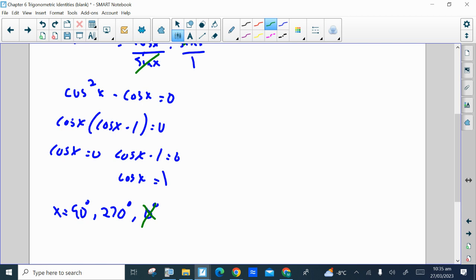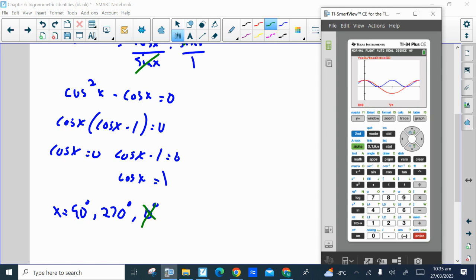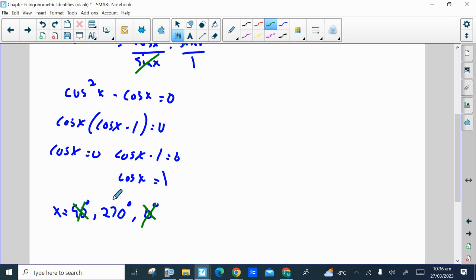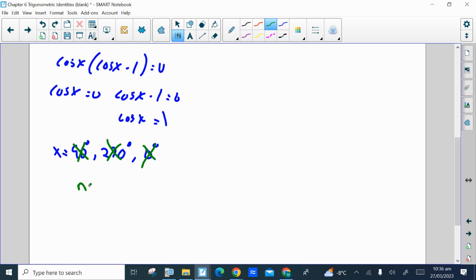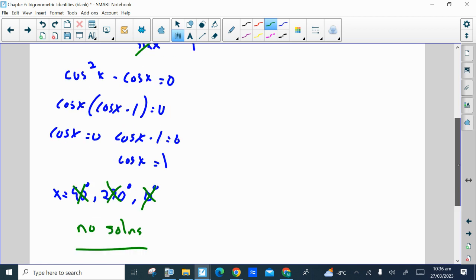But we also need to check 90 and 270. So checking x equals 90 doesn't work. That's non-permissive. Checking x equals 270 doesn't work either. In this case, there are no solutions to this graph or to that equation. None of them work because all three answers that we got are actually non-permissive.